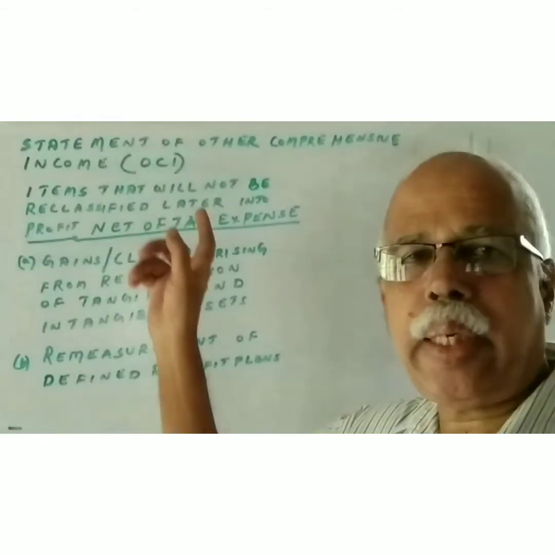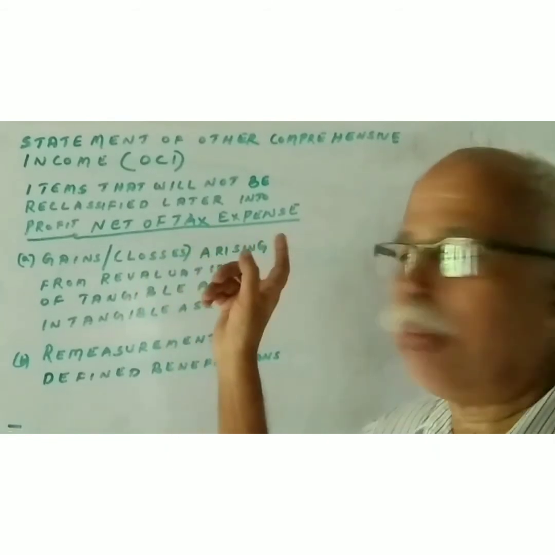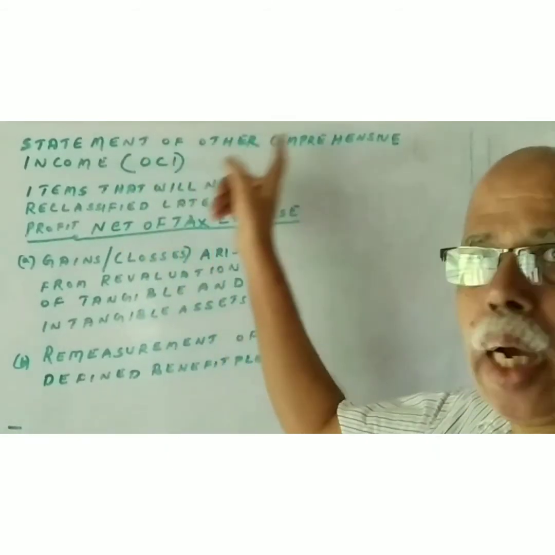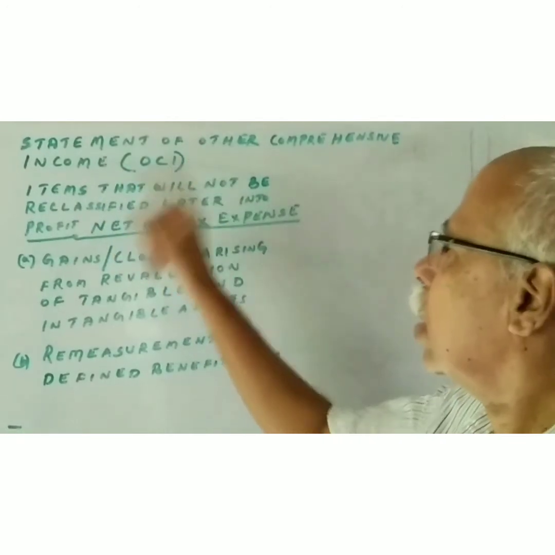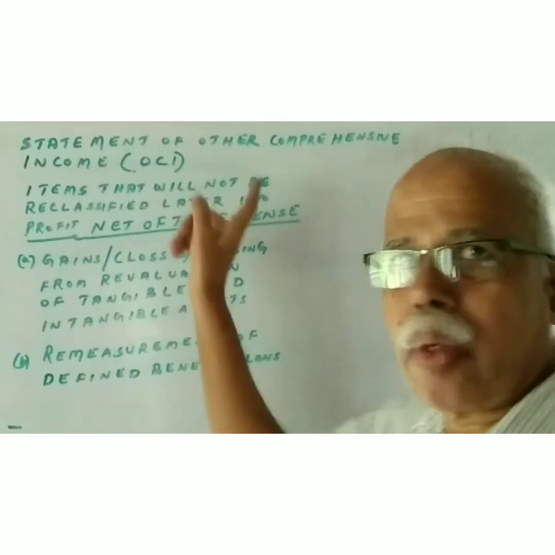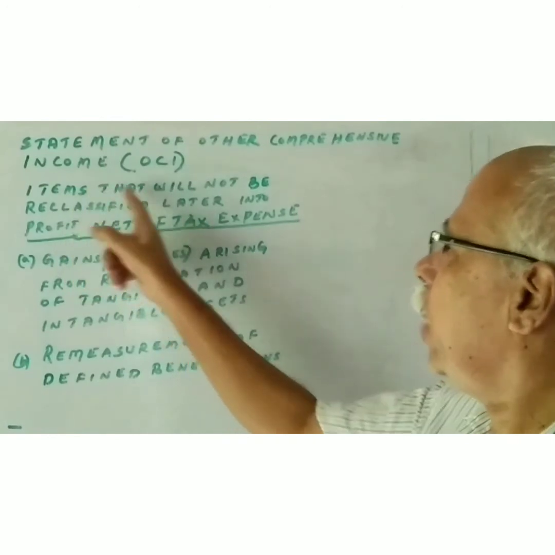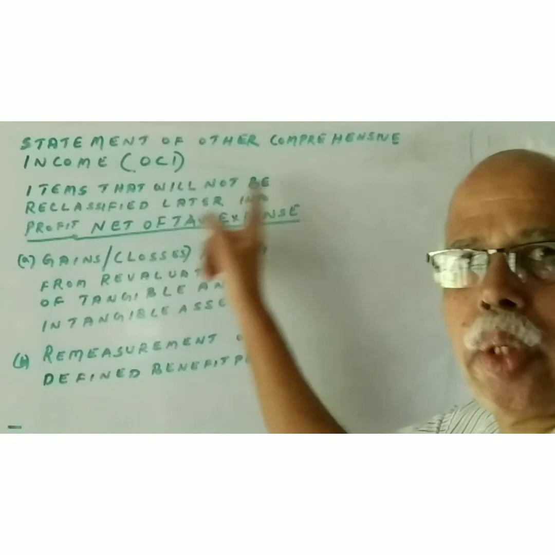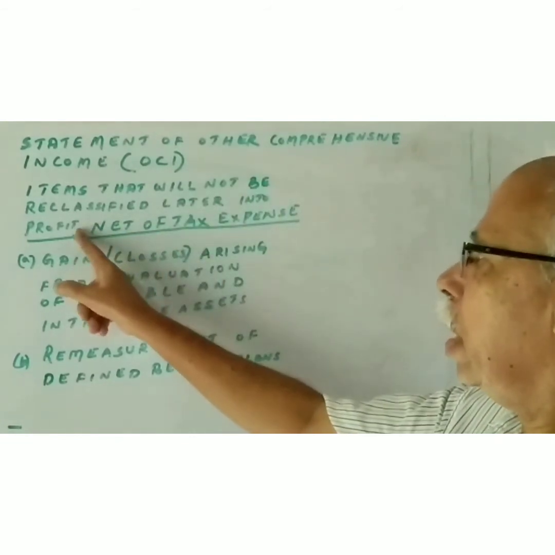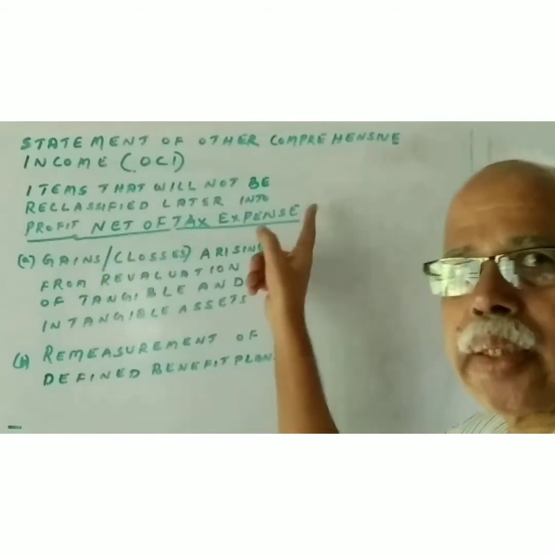Now we will examine other comprehensive income. Statement of other comprehensive income, OCI. There are two types. One type is items that will not be reclassified later into profit, net of tax expense.